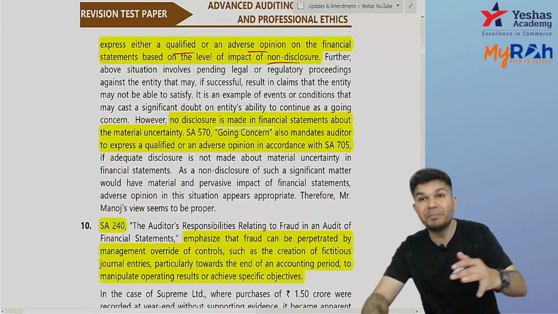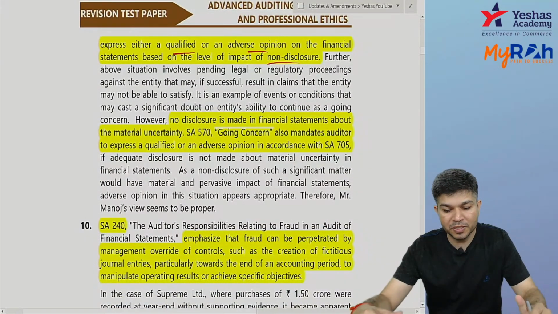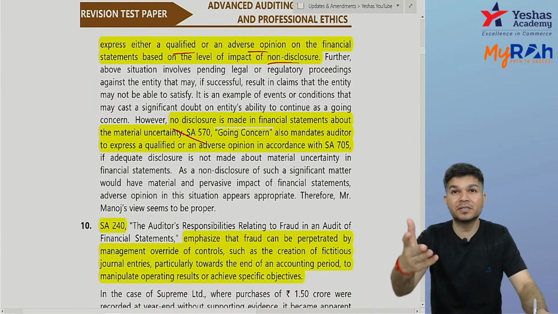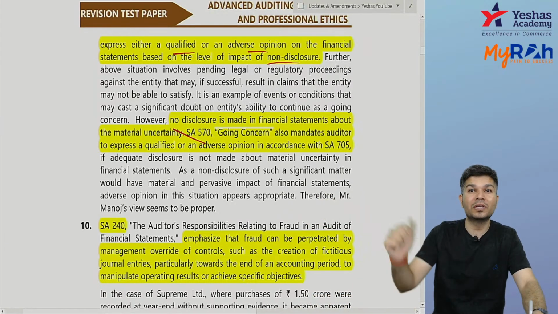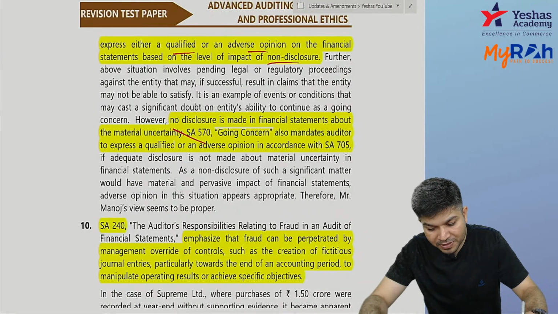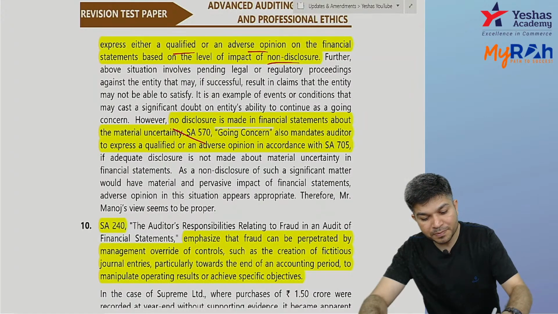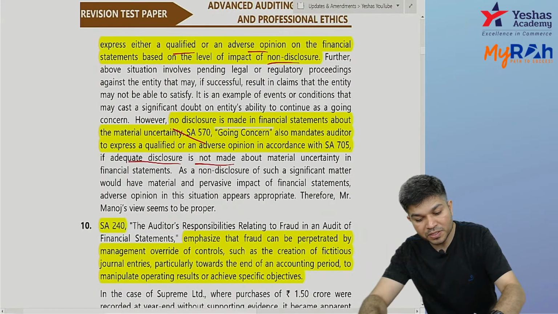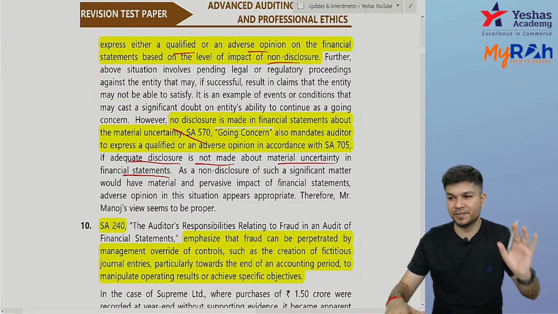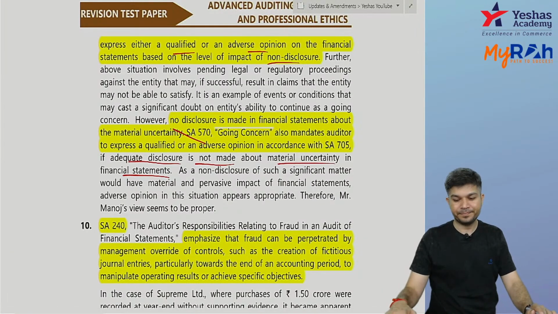Based on the level of impact of non-disclosure, give a modified report. Also, SA 570, someone said, sir, material uncertainty related to going concern. As per SA 570 also, you're required to express a qualified or adverse opinion because adequate disclosure is not made about the material uncertainty related to going concern in the financial statements. Clear?